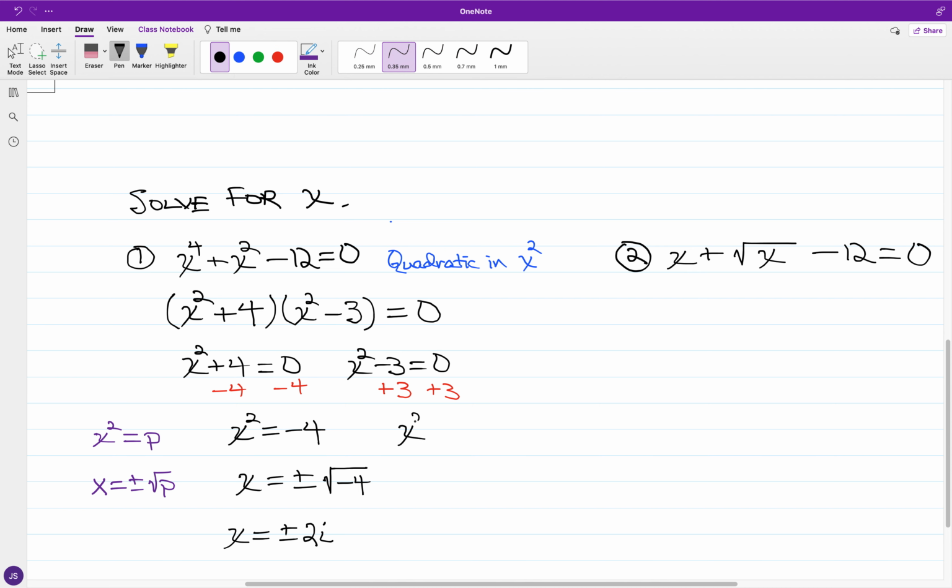So for the square root of x plus 4 equal to 0, once again isolating the variable term by subtracting 4, we have that the square root of x is equal to negative 4.